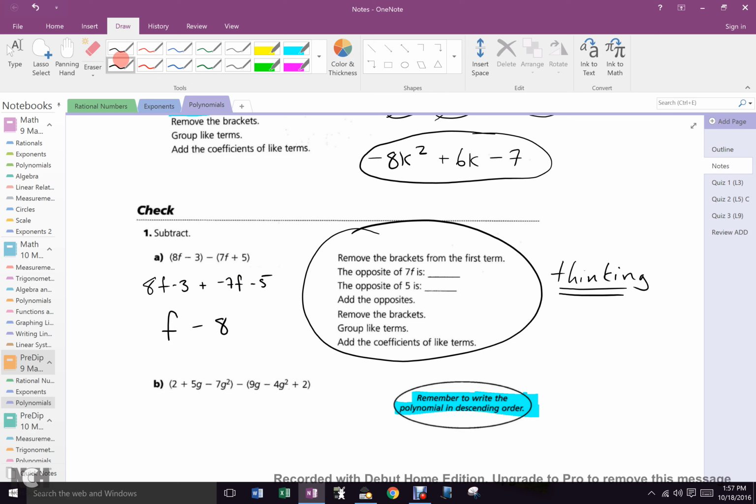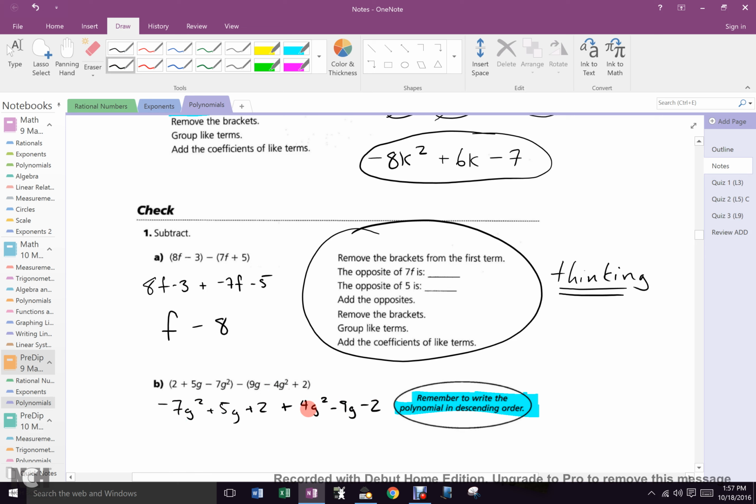So what should I start with? You could rewrite, or you could just work out of your head, right? Yeah. If you're going to rewrite, which is what I'm going to do, because the more work you show, the better. Plus, but I'm going to switch this around now, 4g squared minus 9g minus 2.